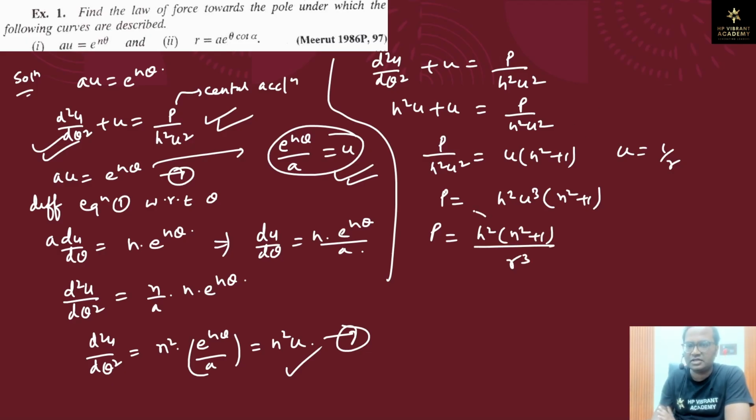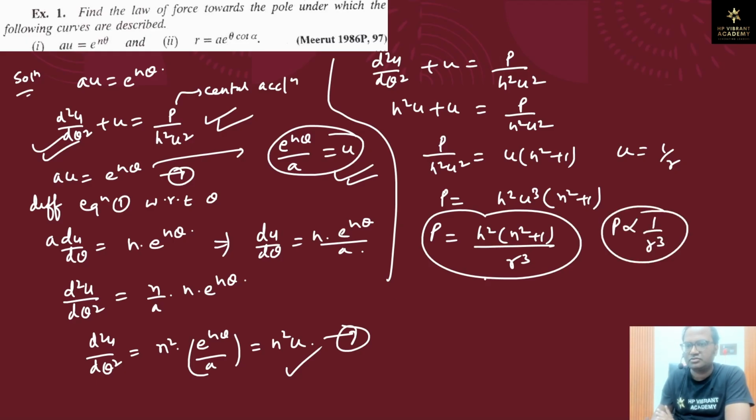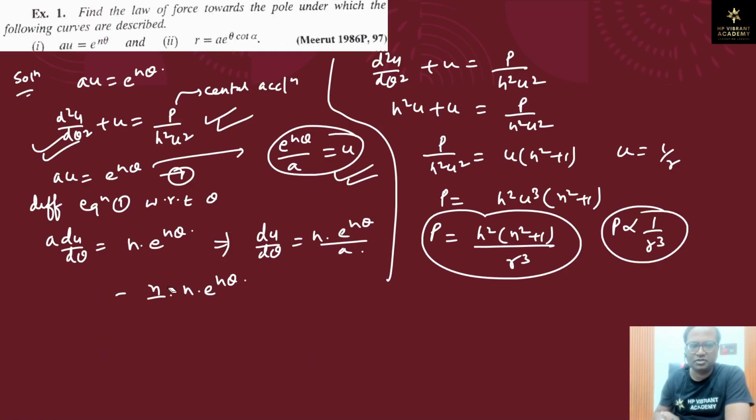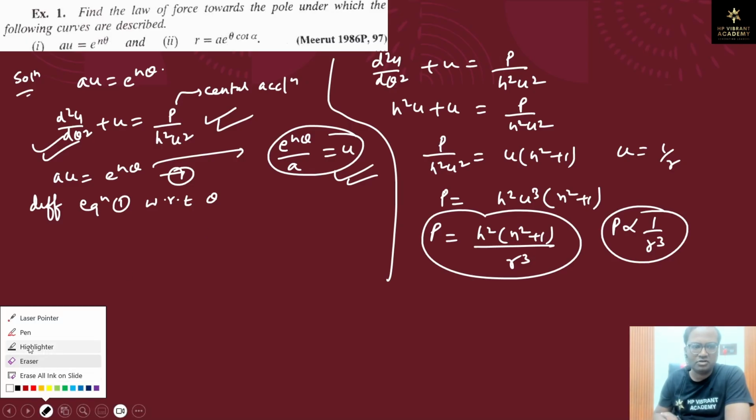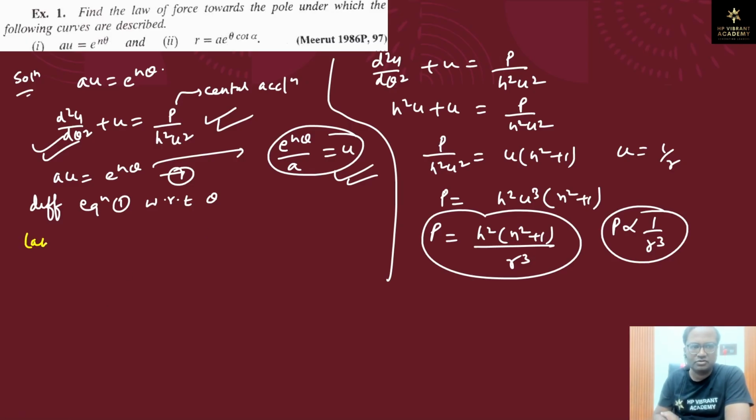From here we have P is proportional to 1 upon r cube. So the acceleration is proportional to the inverse cube of distance from the pole. Let us write this. What is the law of force? The law of force is P is proportional to 1 upon r cube.